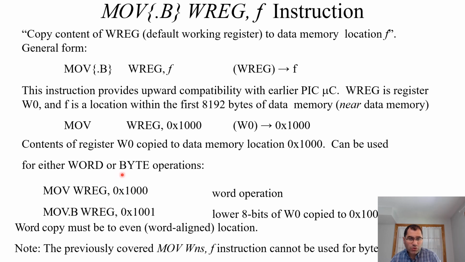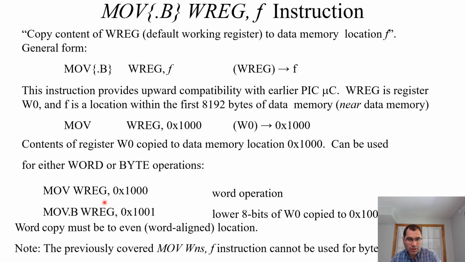So this can do byte and word operations. If you use .b here, it does a byte operation. If you don't use .b, it does a word operation.